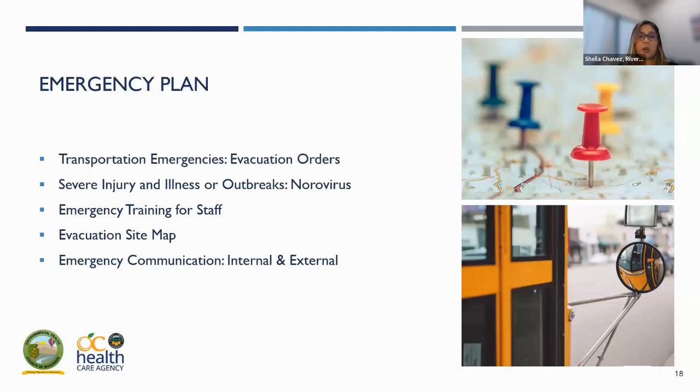Communication is another critical piece. Camps need clear procedures for both internal communication with staff and campers, and external communication with parents, public health, emergency responders, and other regulatory agencies.